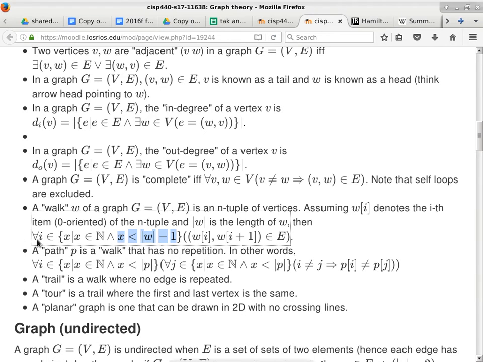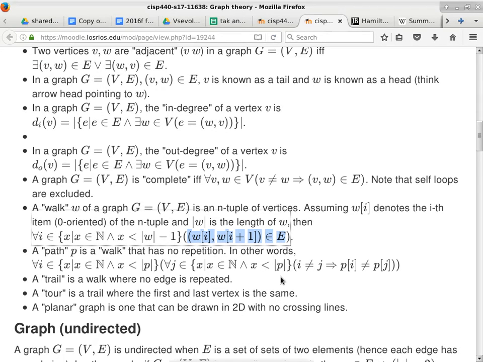Okay, so this part is really just bounding what values i can have. This is the part that really tells you what the requirement is. What do these vertices have to meet? What requirement do they have to meet in order for W itself to be considered a walk?